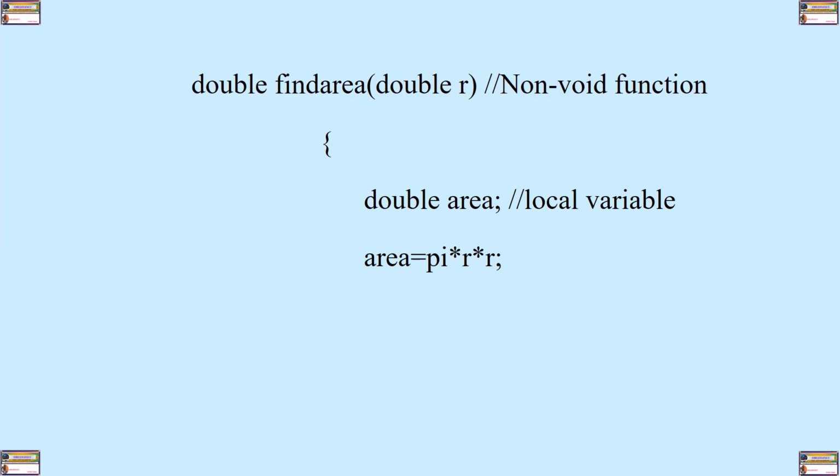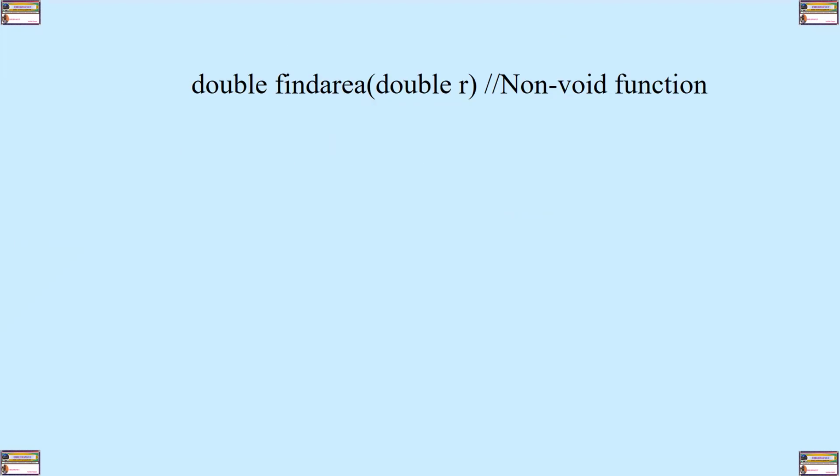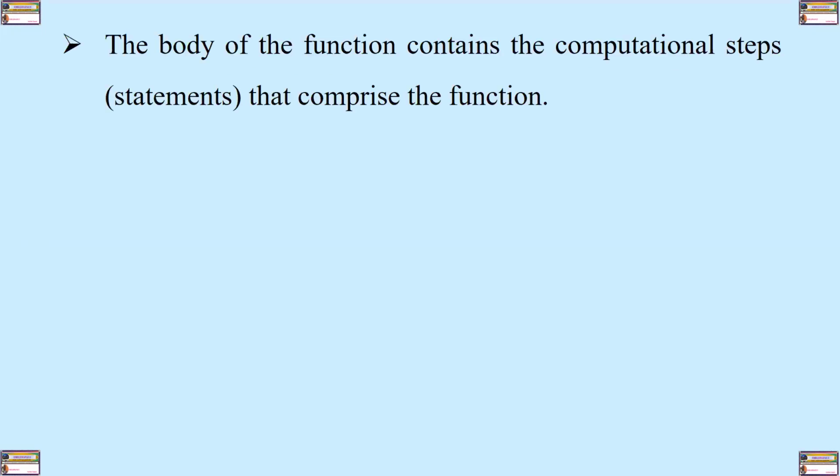This statement means pick the content of memory location area and return it to the calling function as find area. So the value in the memory location area is of type double, just as you can see here, and our function is returning a value of type double.